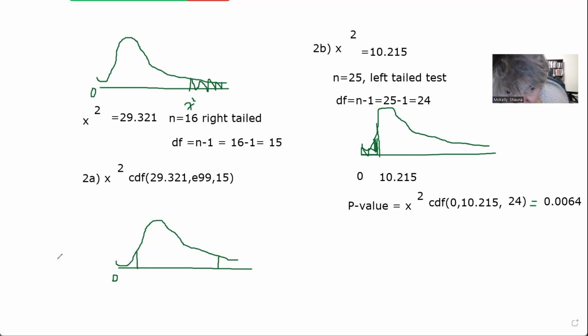So this is 2C down here. We have chi-squared 24.672, DF is 11, and it's 2 tails.